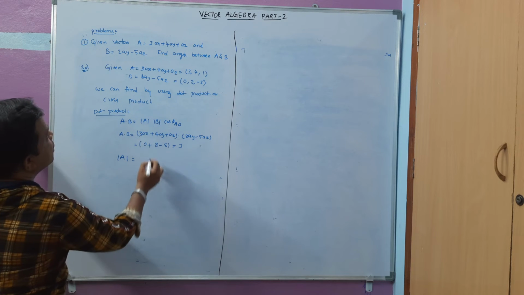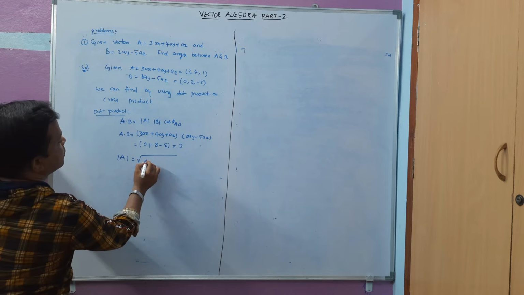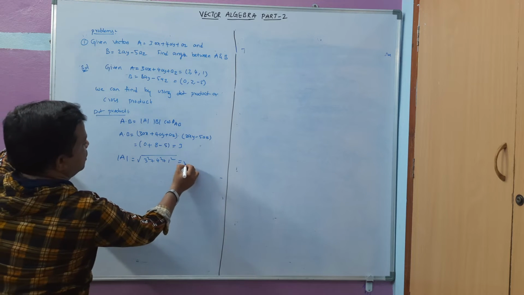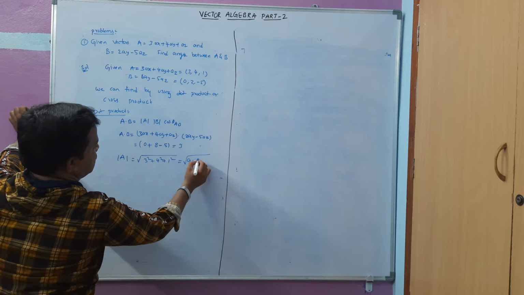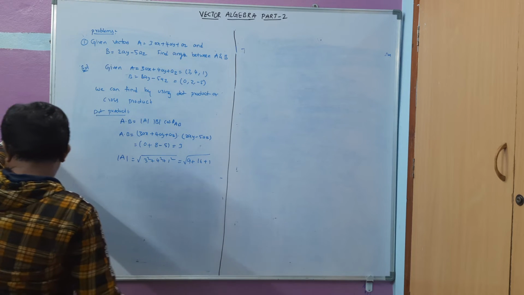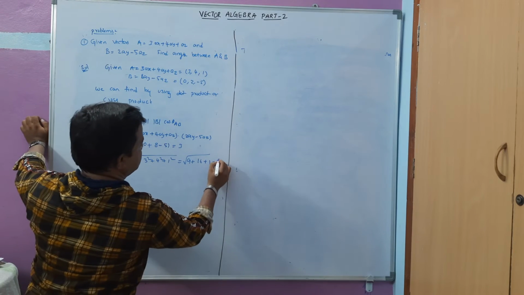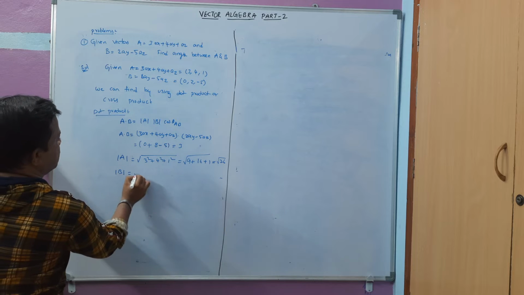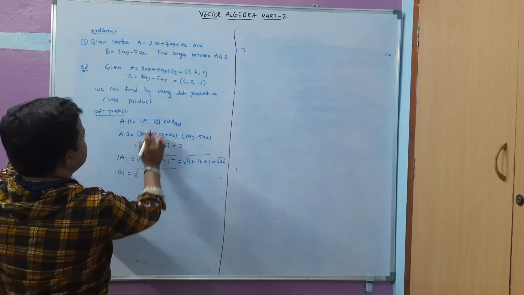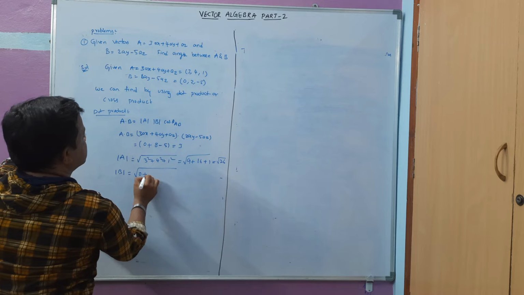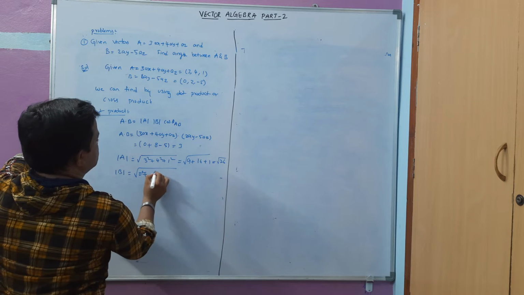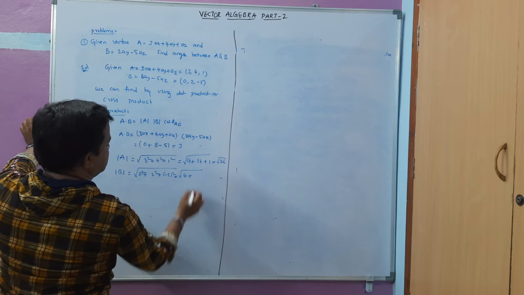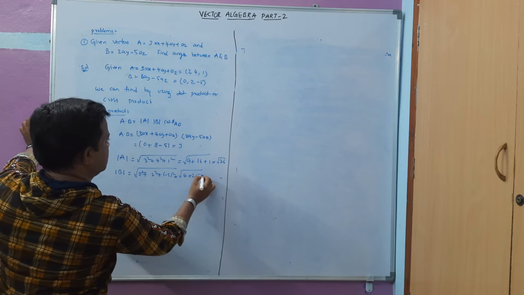Next we have to take the magnitudes of A and B. Magnitude of A is square root of 3 square plus 4 square plus 1 square, that is 9 plus 16 plus 1, which is 26. Similarly, magnitude of B is square root of 0 plus 2 square plus minus 5 square, that is 4 plus 25, which gives root 29.